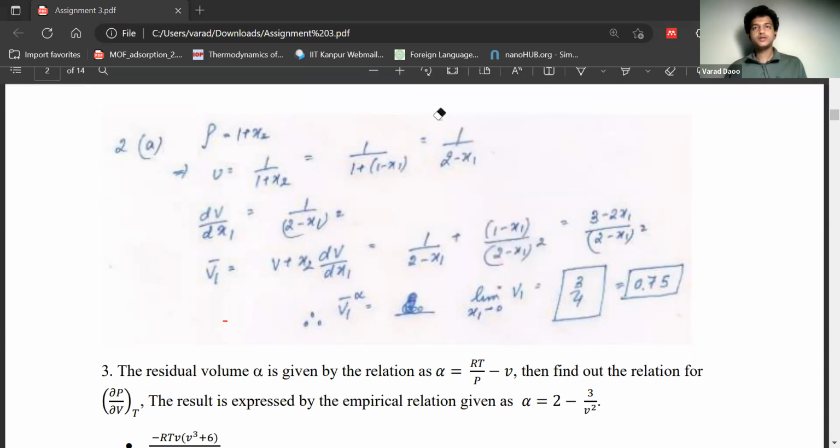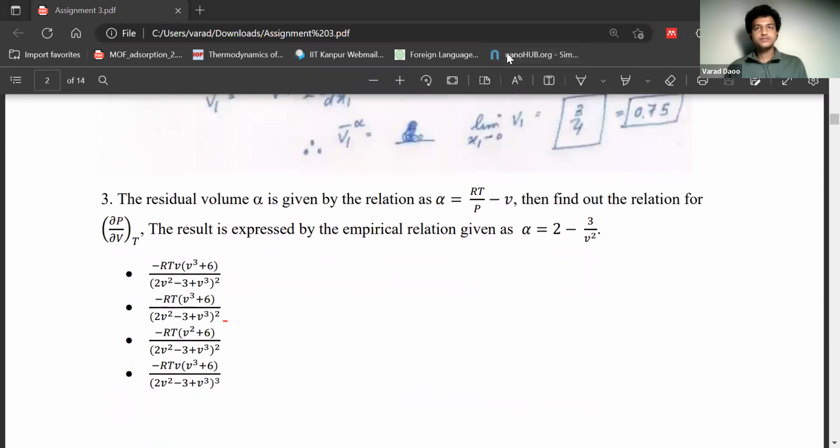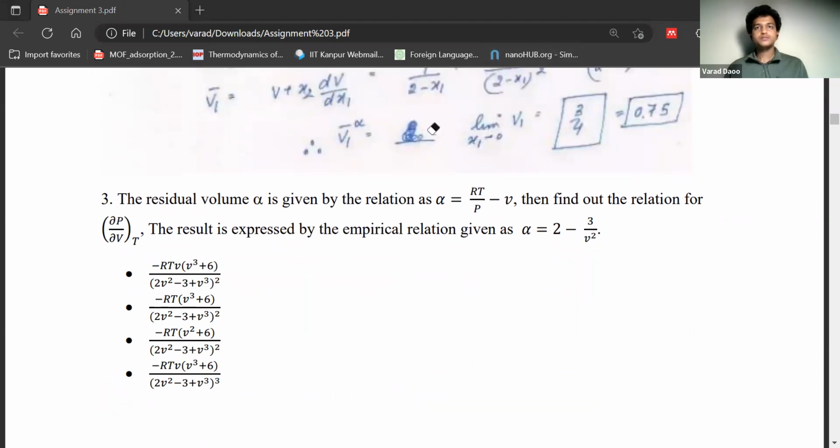Okay, let me read the next question. So the residual volume alpha is given by this expression. They have already given the expression for residual volume. Then find out the relation for dou p dou vt.